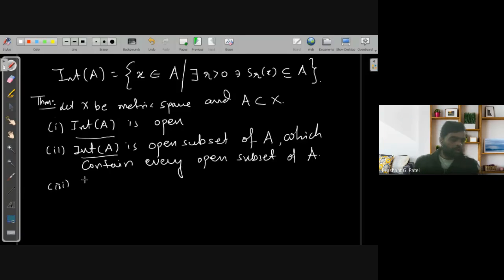The third property says that the original set A is open if and only if the interior of A is A itself.